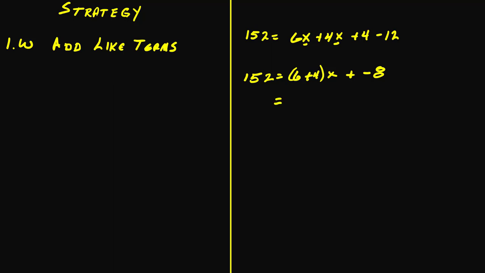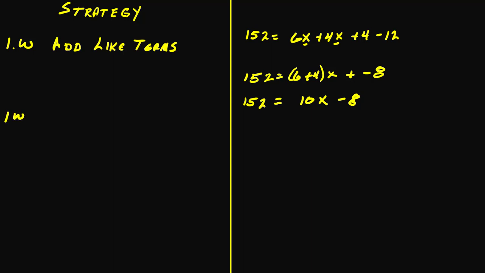Continuing on, it's going to be 10x subtract 8, and that equals 152. At this point, the equation is simplified down as far as it can. I don't have any similar terms on any side of the equation. We know how to solve this now.